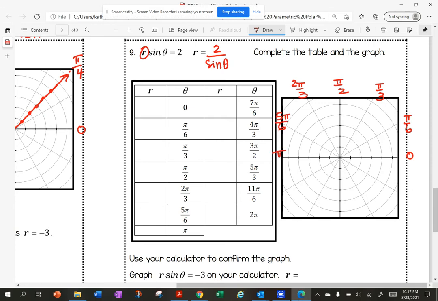Pi. 7 pi over 6. 4 pi over 3. 3 pi over 2. 5 pi over 3. 11 pi over 6. And 2 pi.